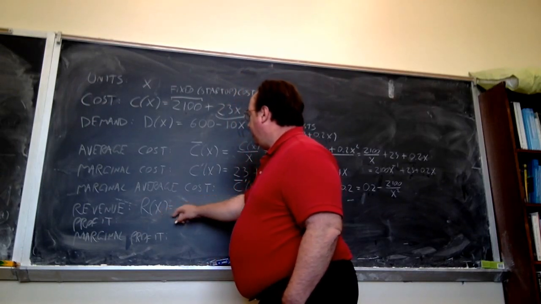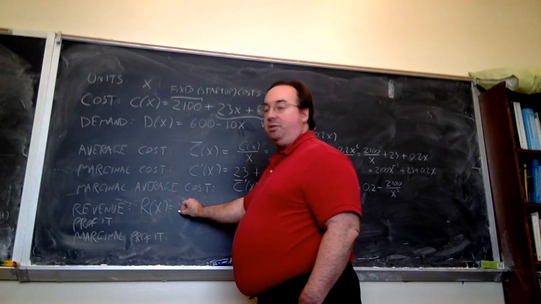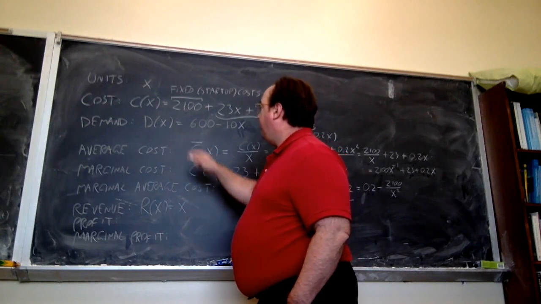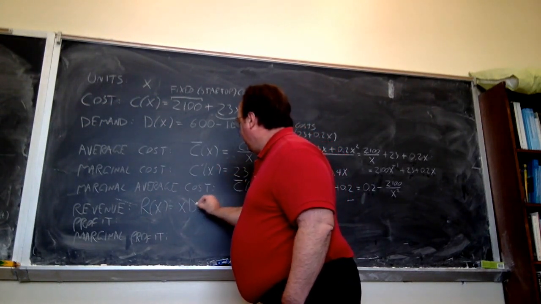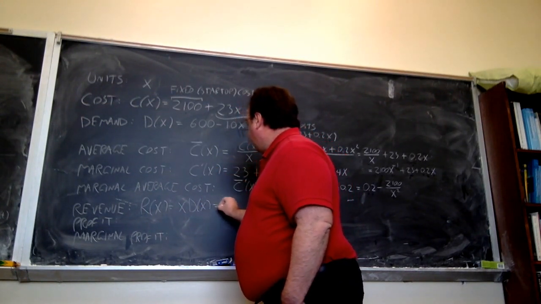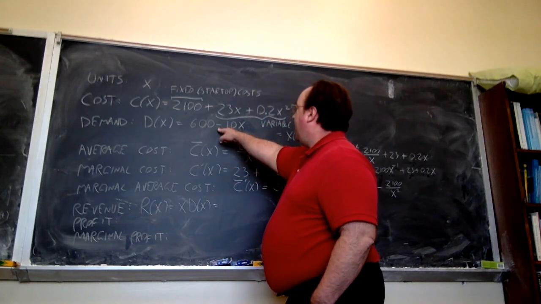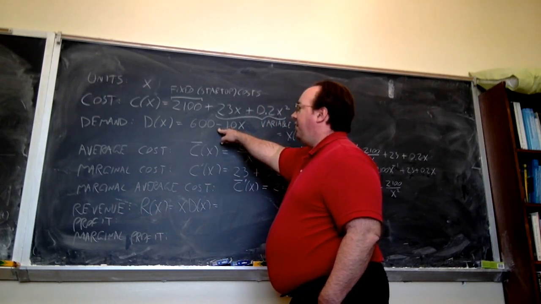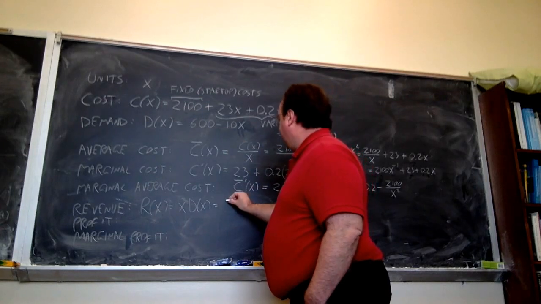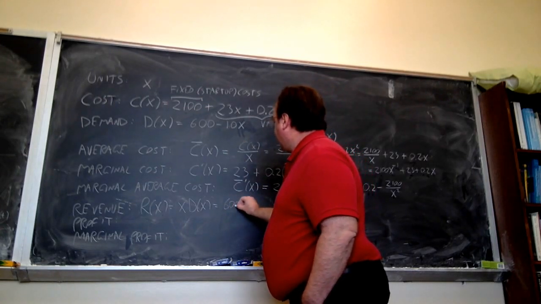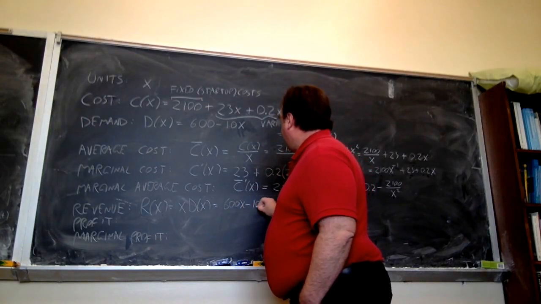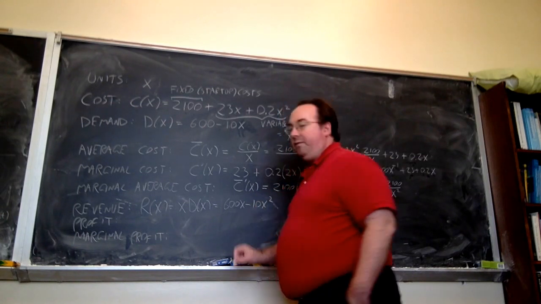So the revenue is equal to the number of units sold, which is x, times the demand for each unit, which is d of x. So all I have to do is multiply my demand function, which indicates my price, by x. So I'm going to get 600x minus 10x squared.